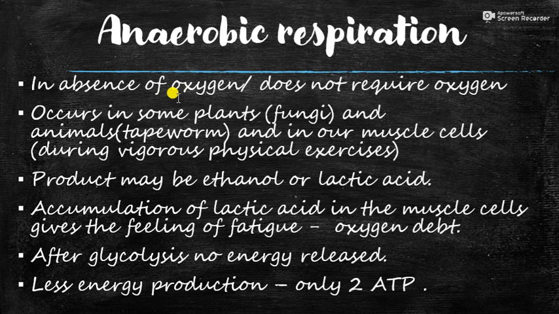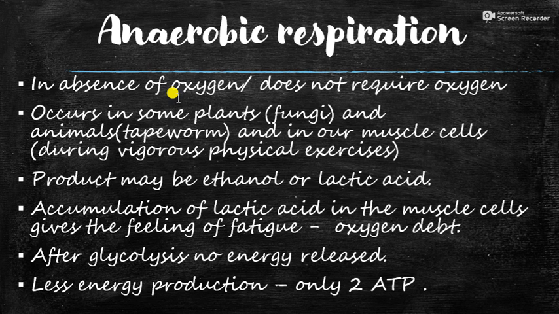If the pyruvic acid is converted into ethanol, you all know the molecular formula of ethanol. What is it? It's C2H5OH, right? So how many carbons are there in ethanol? 2 carbons. Pyruvic acid is a 3 carbon compound.